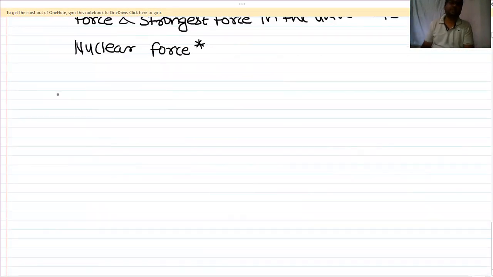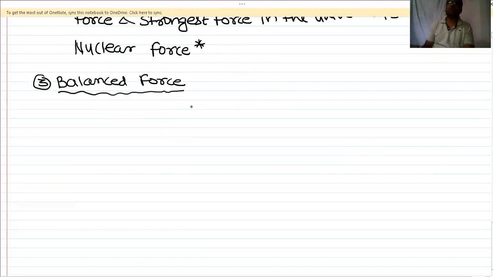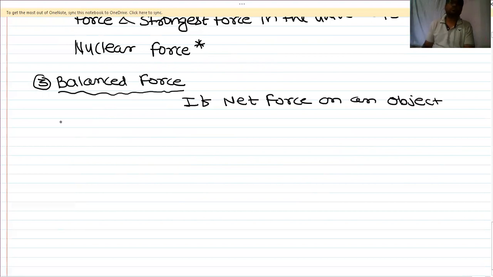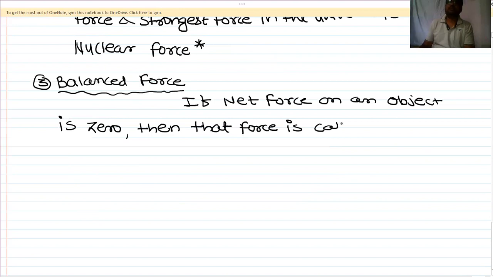Now after this, the third type which we have is the balanced force. So what is the balanced force? If net force on an object is zero, then that force is called balanced force.